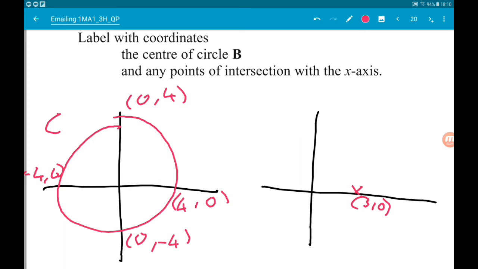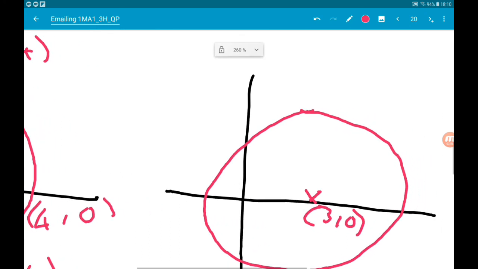We know the left-hand intercept on the x-axis is now going to be minus 1, because it's 3 to the right of minus 4. And the right-hand one is going to be 7. So, it's going to look something like that.